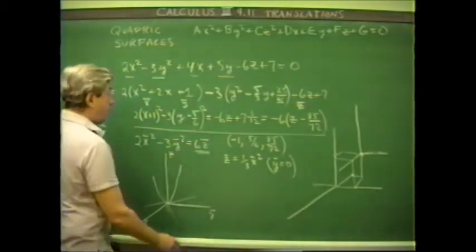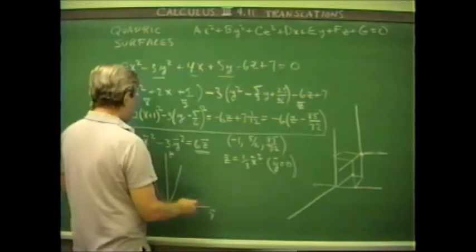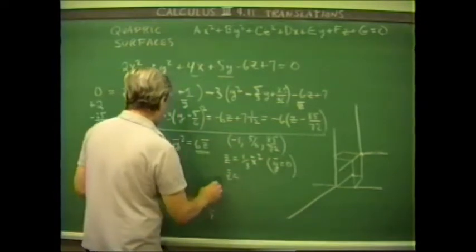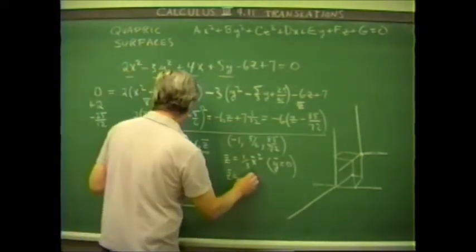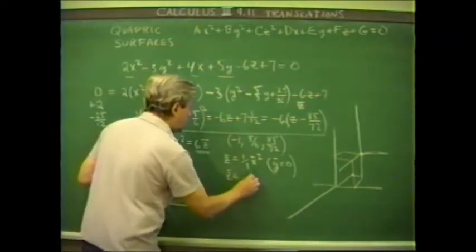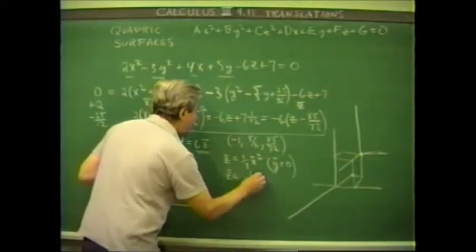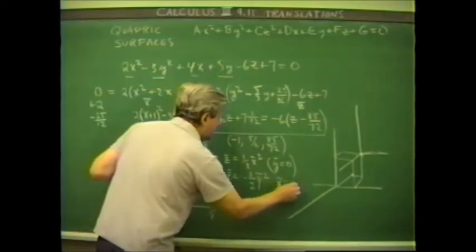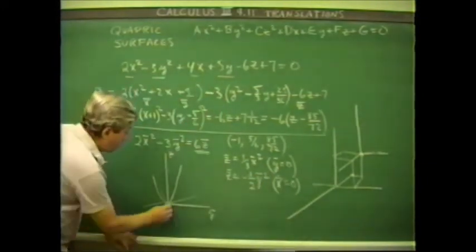Right? When x is equal to 0, we've got z bar is equal to minus a half y squared. So z bar is minus a half y bar squared when x bar is equal to 0. Right? That's a parabola opening downward.